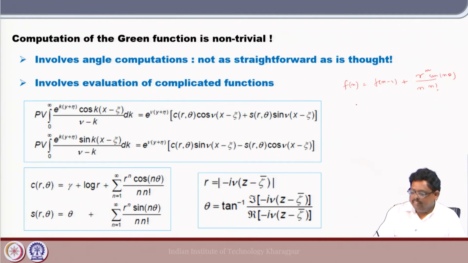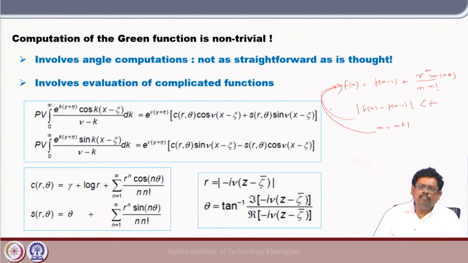Then you check if mod of f of n minus f of n minus 1 is less than epsilon; otherwise, n is equal to n plus 1 and again you do this operation.